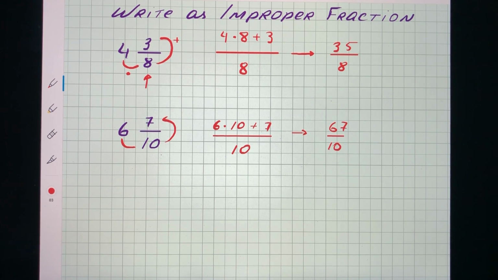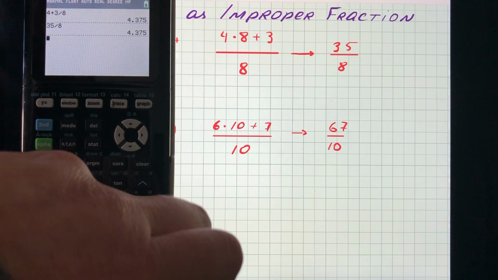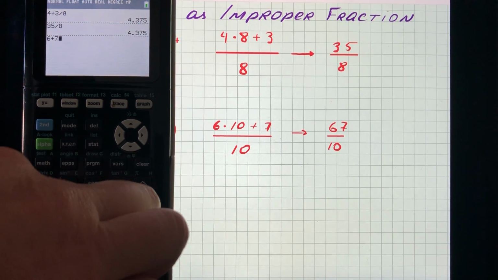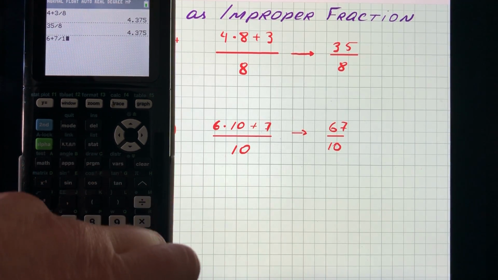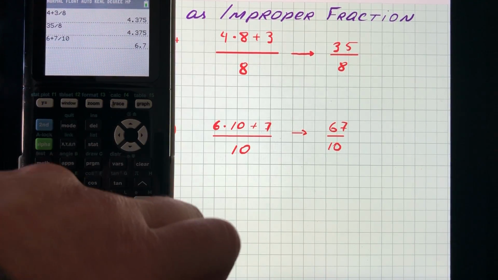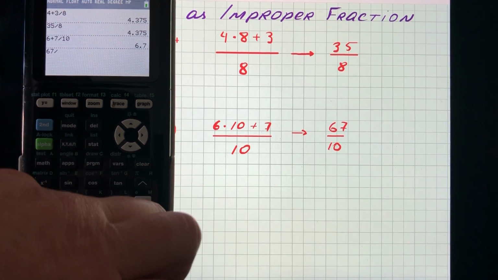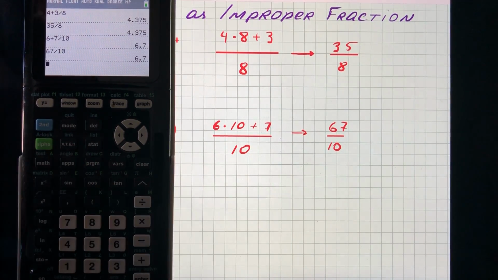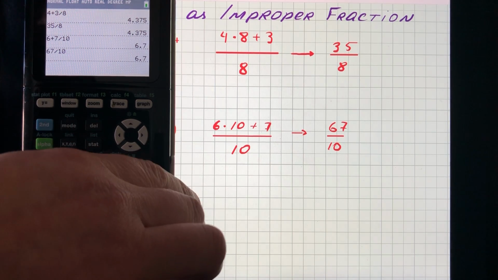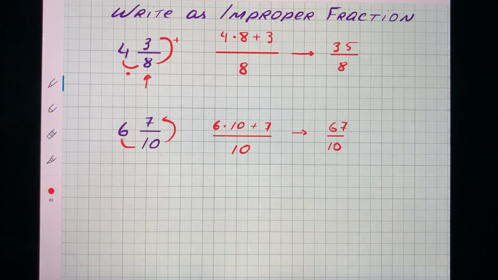So this is our final answer as improper fraction. To compare, we can type in 6 and 7/10 and compare it to our answer, which is 67 divided by 10. Both decimals should be the same. They are, which means we have done the conversion correctly.